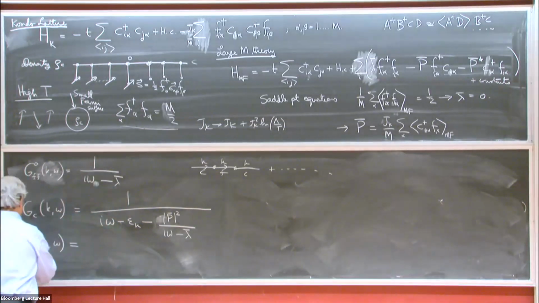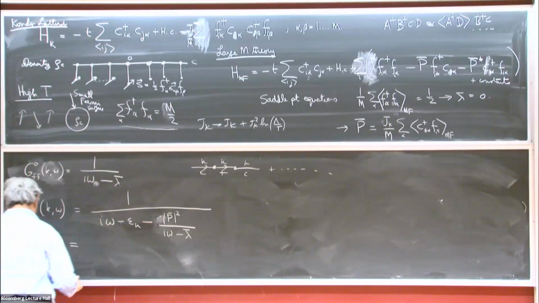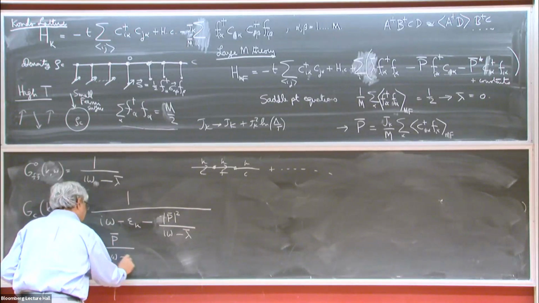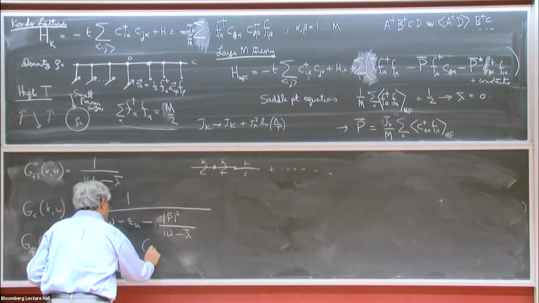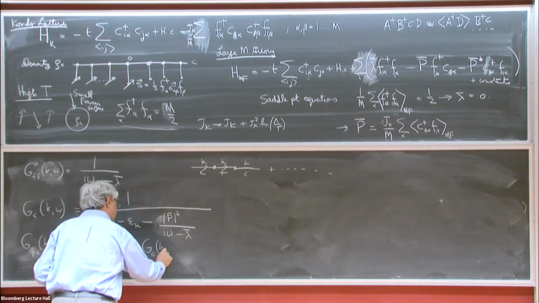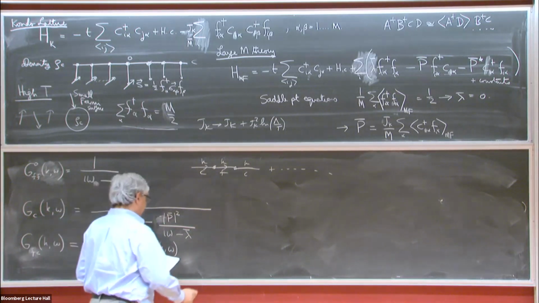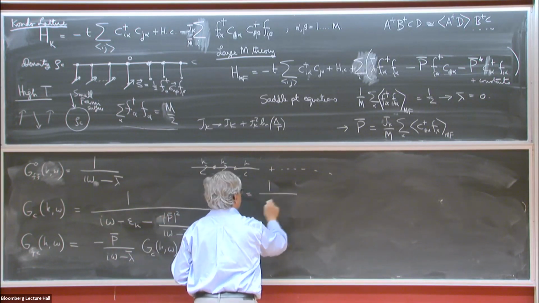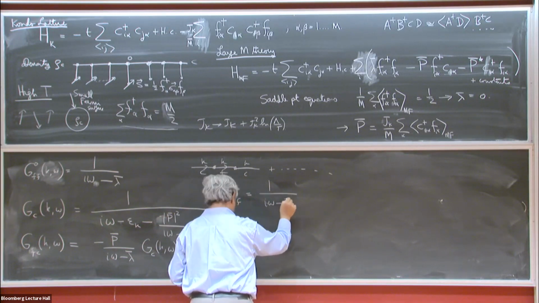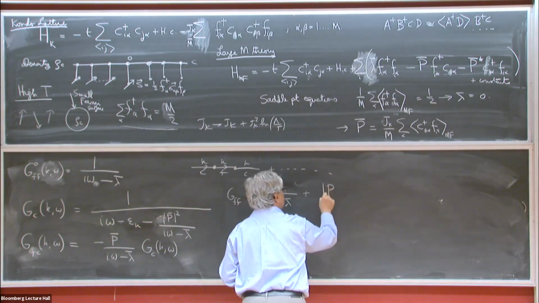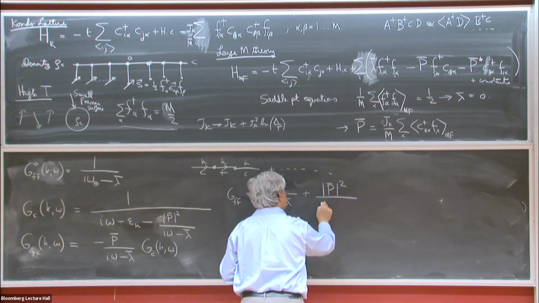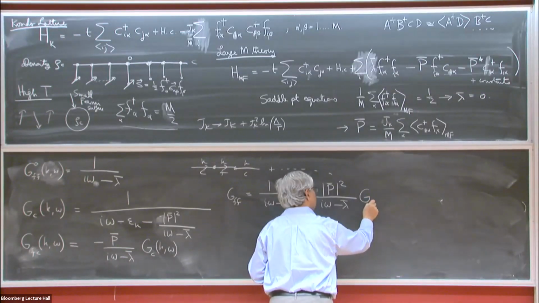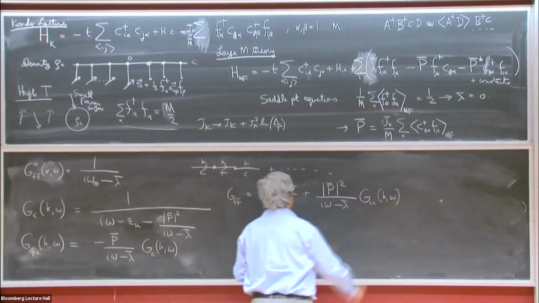So G_FC, minus P bar, i omega minus lambda bar, times G_C, and G_FF, the full Green's function, is... Okay.